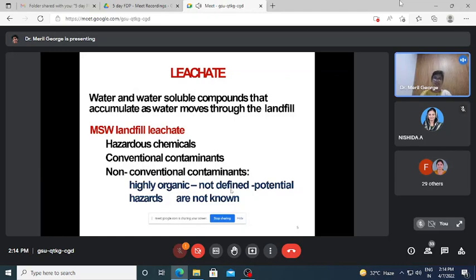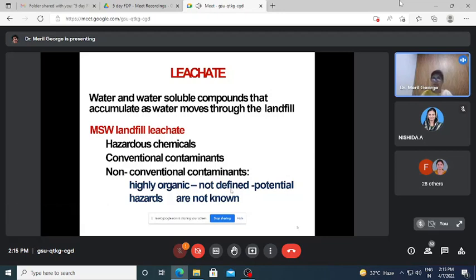The contaminants present in the landfill leachate can be classified as hazardous contaminants, conventional contaminants and non-conventional contaminants. According to the United States Environmental Protection Agency, a waste is said to be hazardous only if the leachate generated from that waste consists of chemicals with a concentration 100 times that of drinking water standard.